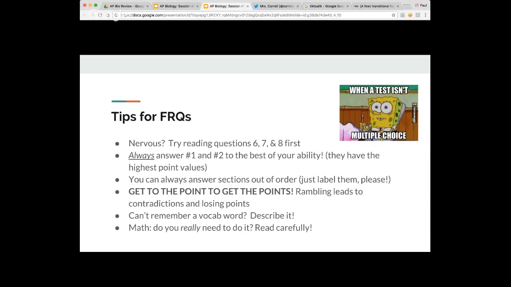Chi-square is really bad about this, that they don't necessarily even want you to calculate chi-square. They just want to make sure you can interpret chi-square. So don't immediately launch into making some crazy mathematical thing because it may not even be what they're asking. Be really careful. Look for that word calculate and then go ahead. Usually they'll provide you some sort of a table or something so that you know what the heck you're supposed to be calculating.